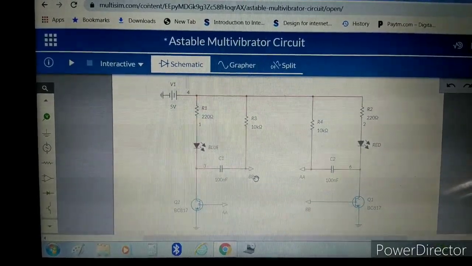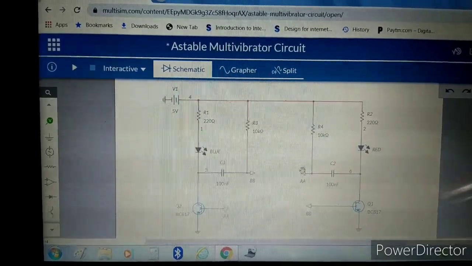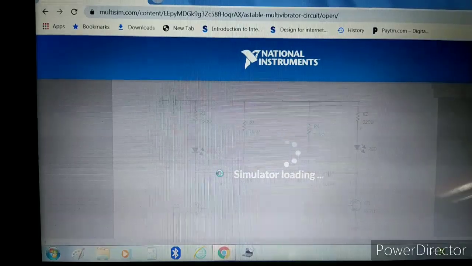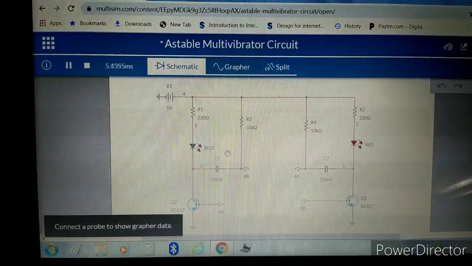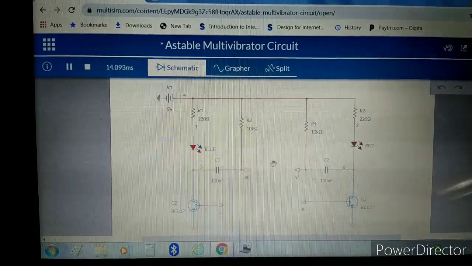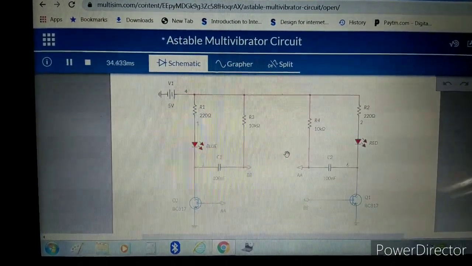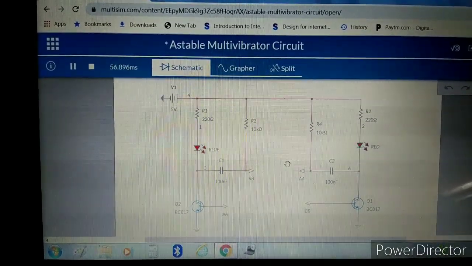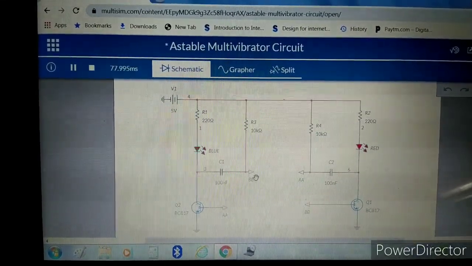I will also show you the waveform at the collector of both transistors, and if I load it, see the simulator is loading and red and blue are blinking with their time constant value. You have to tune your RC value to make this LED visible.